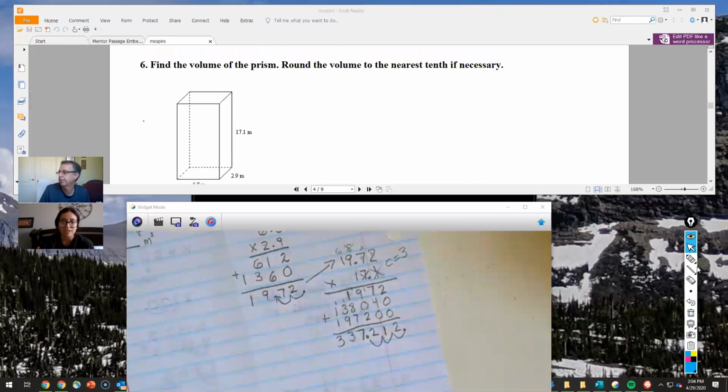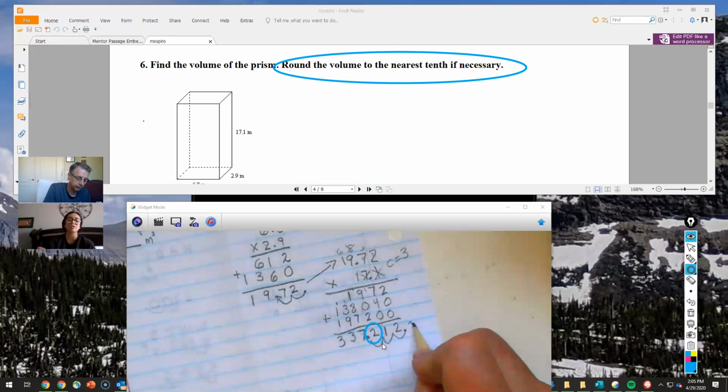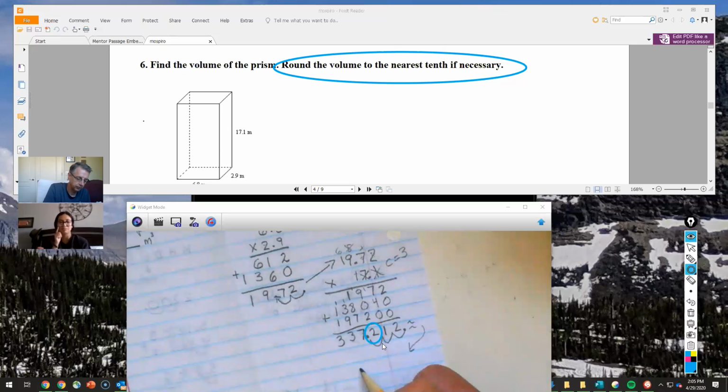So the nearest tenth is going to be 337.2, because our 1 doesn't make us round up. So it just stays the value that it is, which means 337 and 2/10.